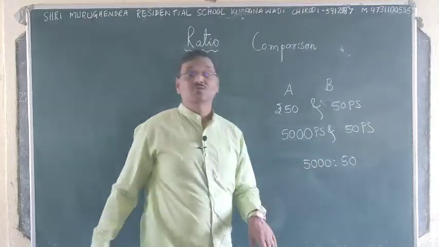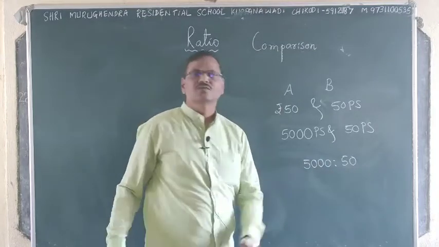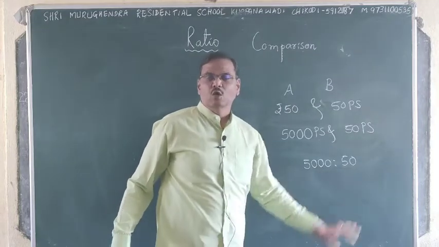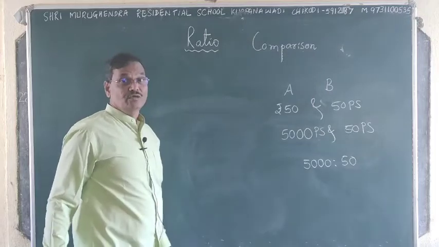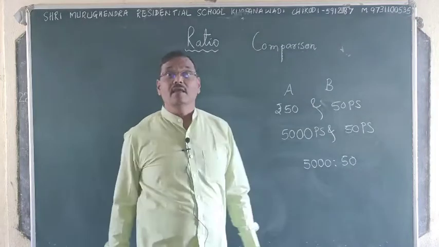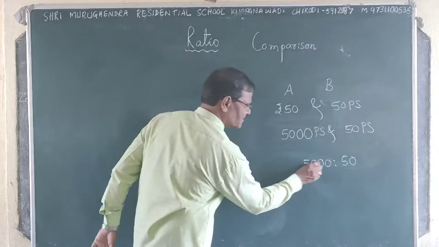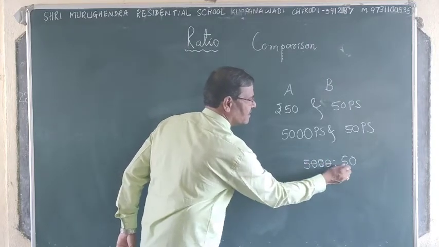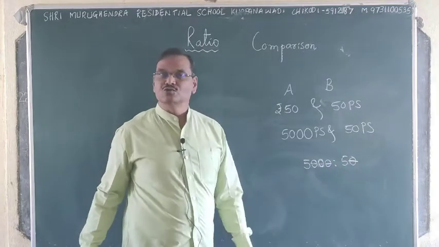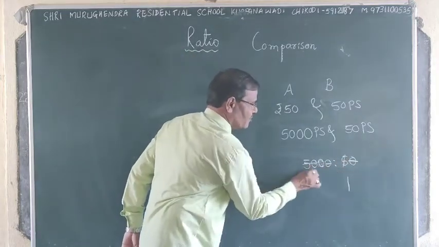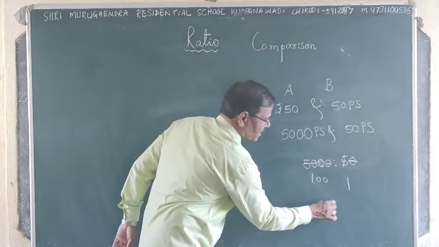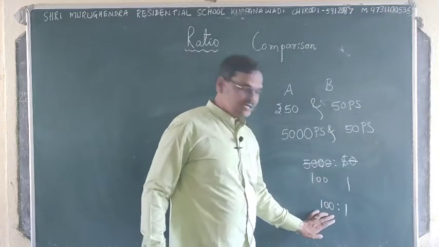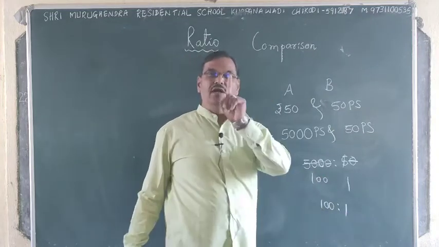If he has this much, then he will have this much; both are paisa. Only 2 zeros are excess, so those 2 zeros cancelled. 5 ones are 5, 50 ones are 50, it means 100 is to 1. If A has 100 rupees, then B will have only 1 rupee.